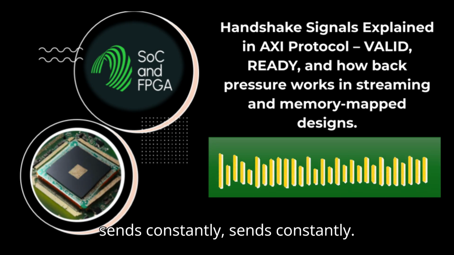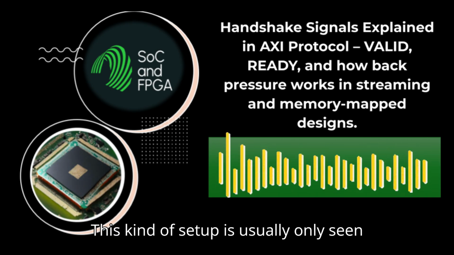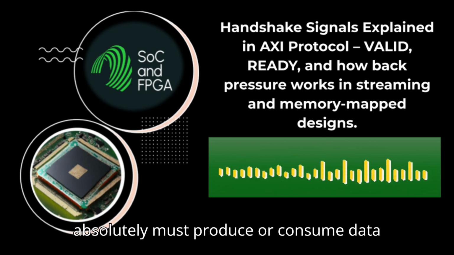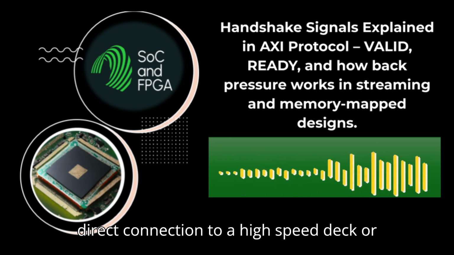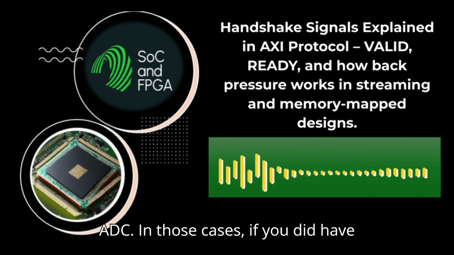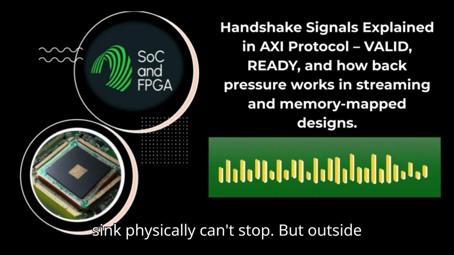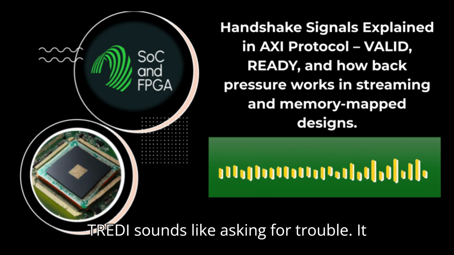So the source just sends constantly. Sends constantly. This kind of setup is usually only seen with fixed-rate components, things that absolutely must produce or consume data at a specific non-stop rate, maybe like a direct connection to a high-speed DAC or ADC. In those cases, if you did have TREADY and it went low, you'd inherently be dropping data because the source or sink physically can't stop. But outside of those very specific cases, ignoring TREADY sounds like asking for trouble.